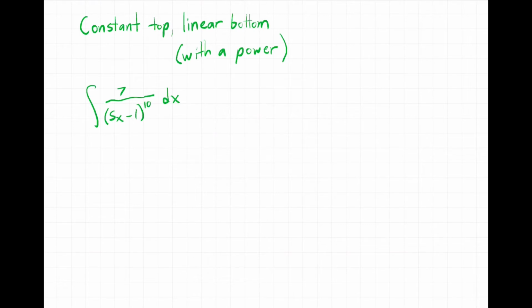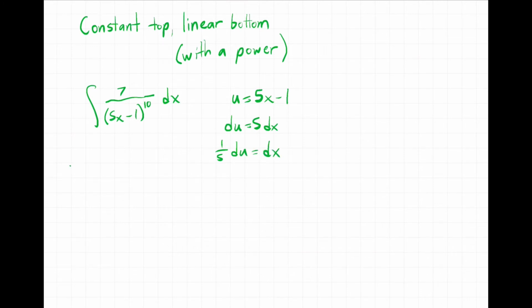Well, we can do a u substitution here too. Let's let u, again, u should always be the function inside a function, or the function that has something else happening to it. Let's let our u be 5x minus 1. And again, our du is the derivative of this thing, is 5 dx. So we can divide by 5 and say that 1/5 du equals dx.